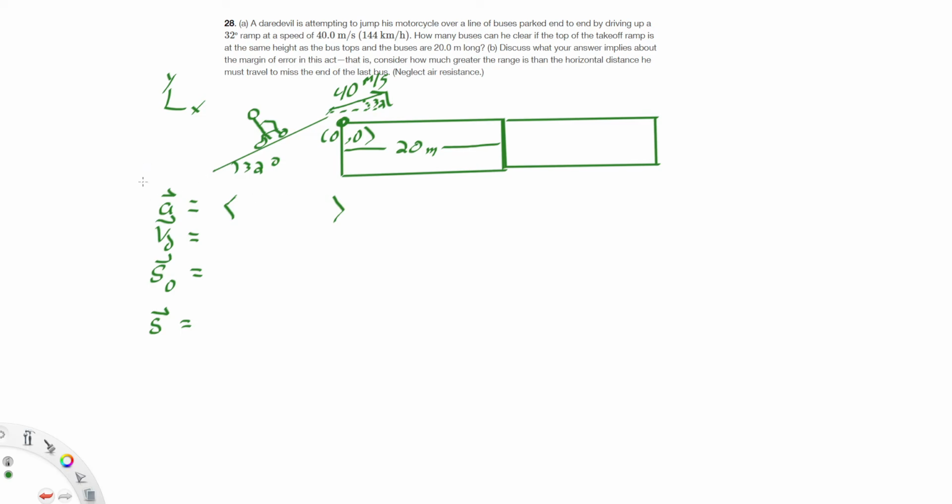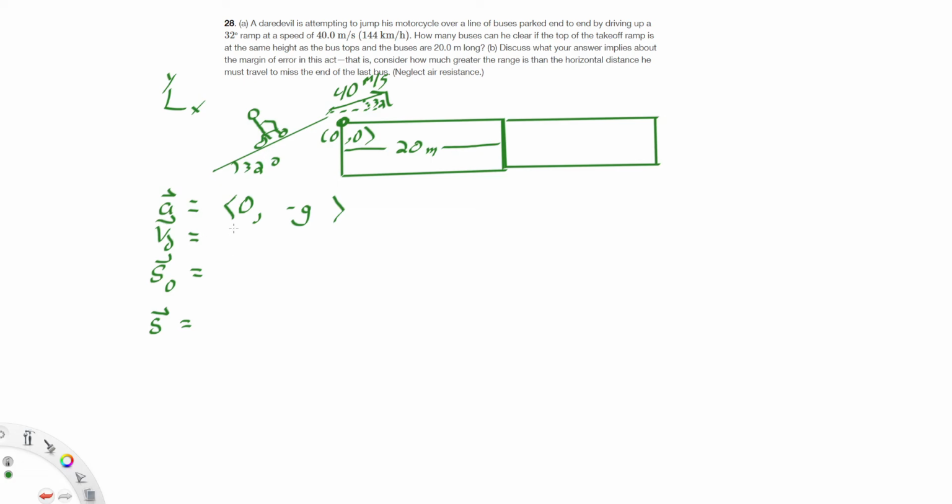Don't everybody answer at once. Yeah, you two are exactly correct. It's nothing in the x direction. It's minus g in the y direction.